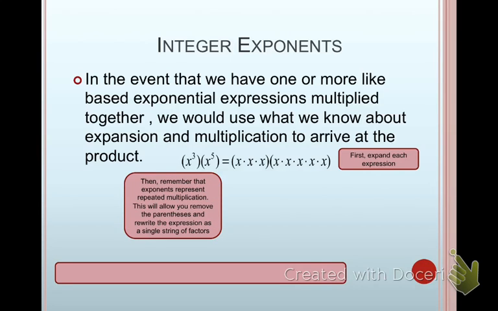Now, we really don't need to have those parentheses there. We can technically remove them and write it all as a single string. And if we do that, we actually see that we have 8 x's being multiplied, so we could write that as a single simplified exponential expression of x to the 8th.